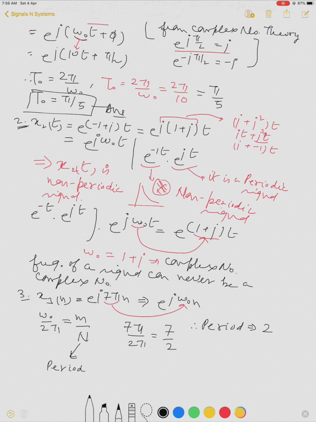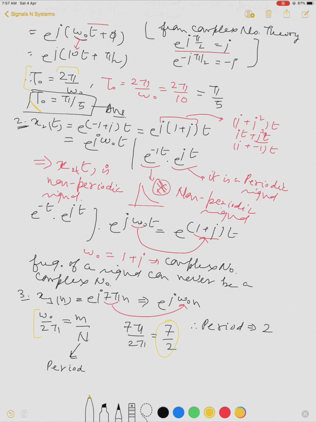Note that for a continuous signal, the fundamental time period is T naught, and this whole T naught is the fundamental period. You don't have to check whether this ratio is a rational number or not. But once you get a discrete signal, we should check whether this ratio is a rational number or not.